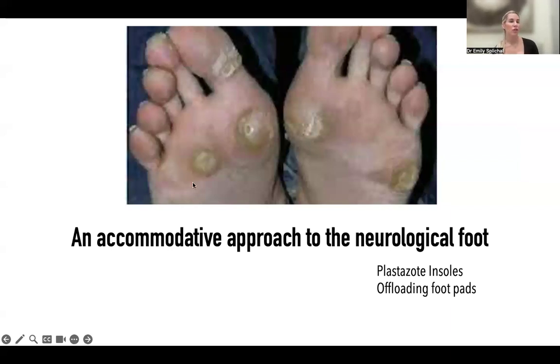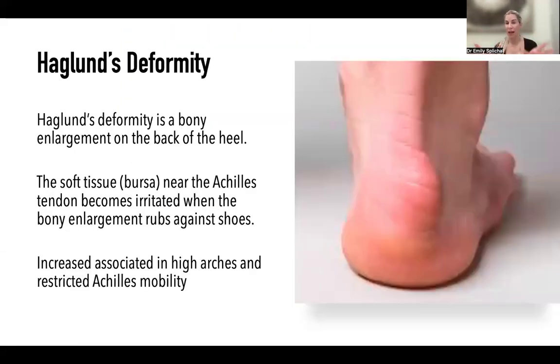So you want to make sure that you're debriding those and you are allowing forefoot pressure to be balanced. I'm going to show you metatarsal pad in a moment, just in case you've never heard of a metatarsal pad, but you're really trying to open up and take pressure off of the ball of the foot. Okay. Now, something else that you can see in a high arch cavus foot is a Haglund's deformity.